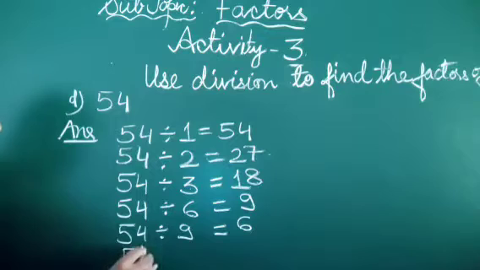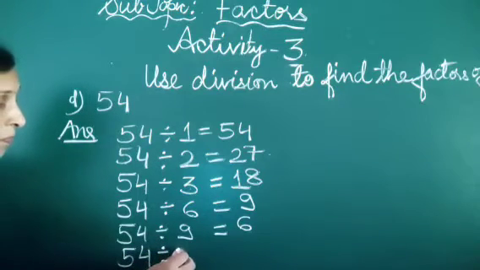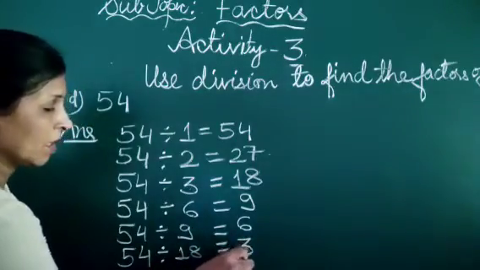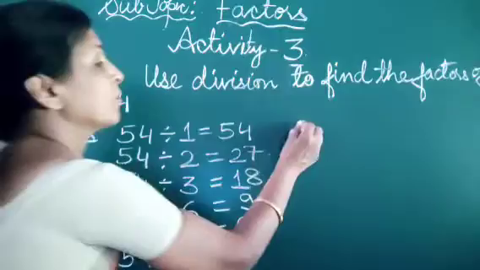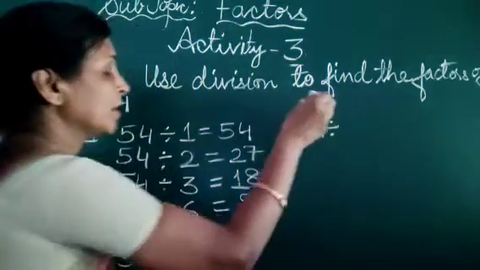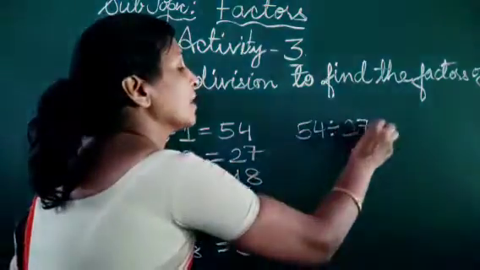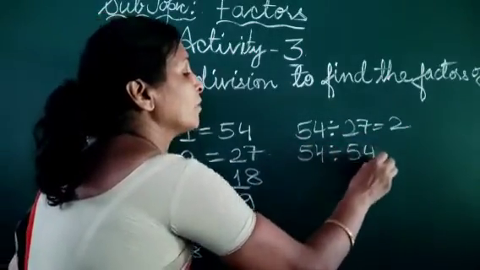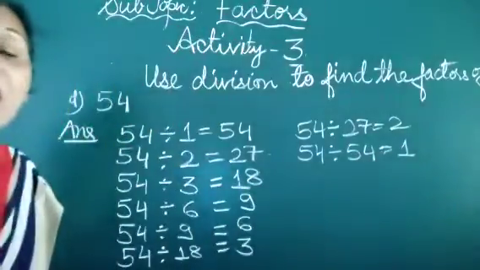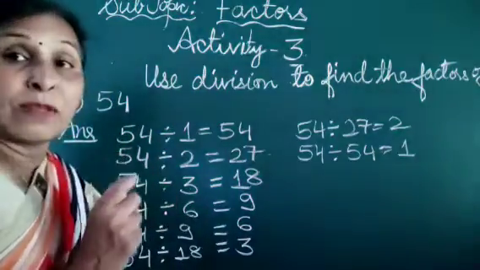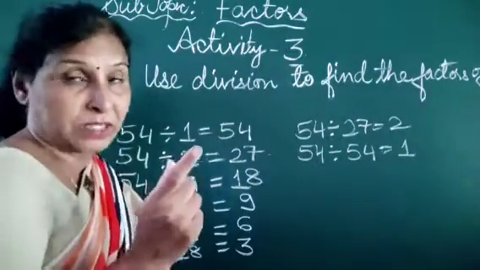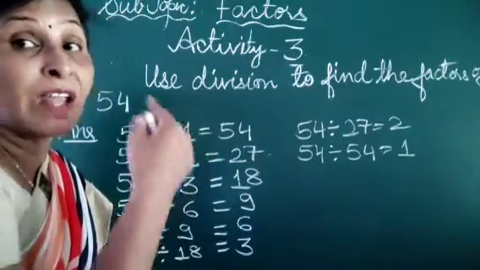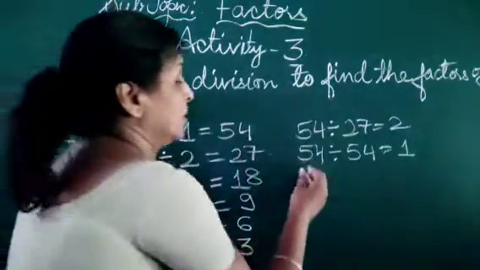Then 54 is divided by 18, then 3 comes, then 54 is divided by 27, then 2 comes, then 54 is divided by 54, then 1 comes. And we know that the factors are finite, limited, whereas the multiples are unlimited, infinite.